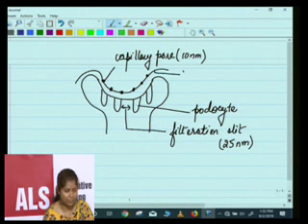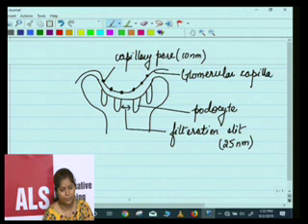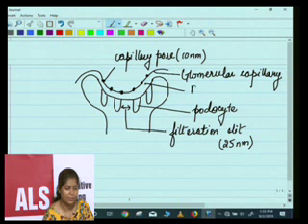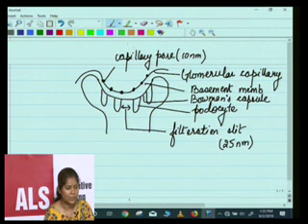This is the capillary of the glomerulus. This was the basement membrane, and this was Bowman's gap. Just go through your notes, you will find that typical structure.